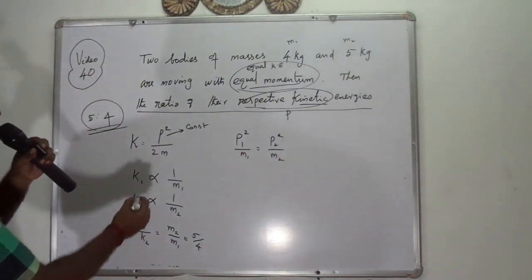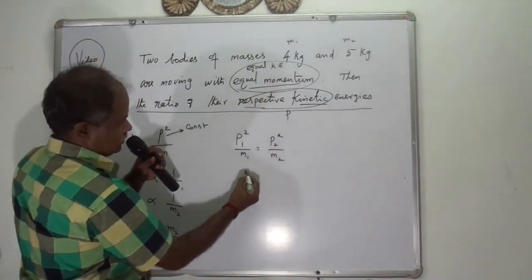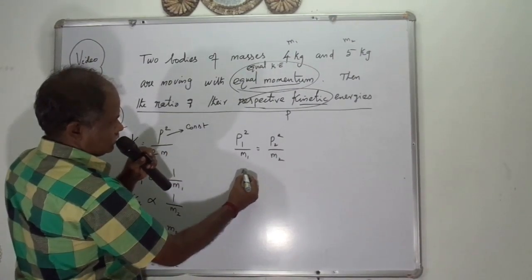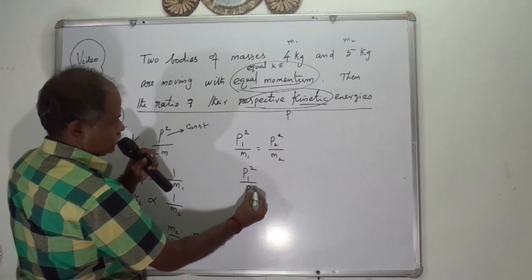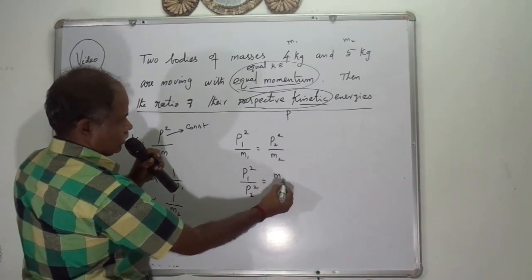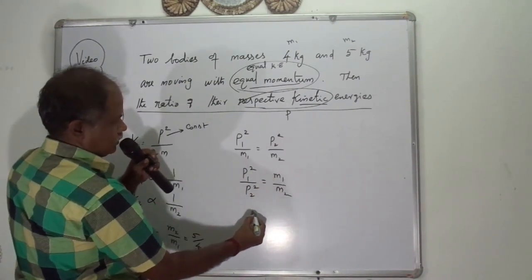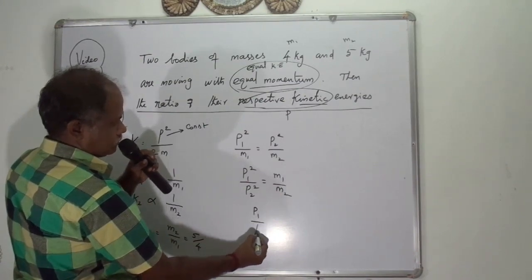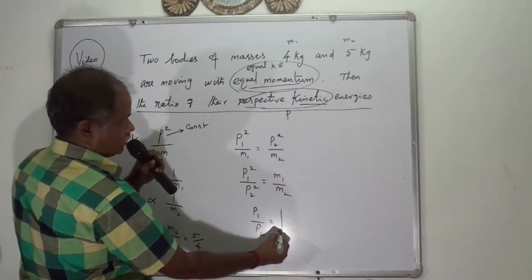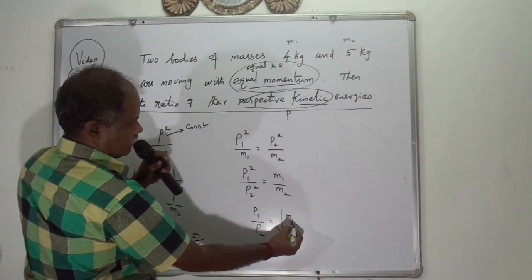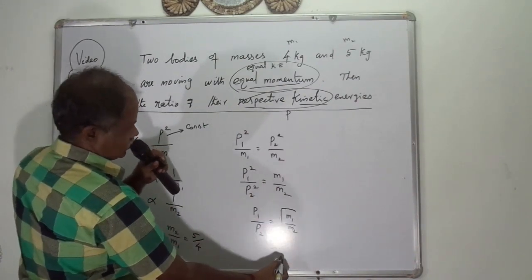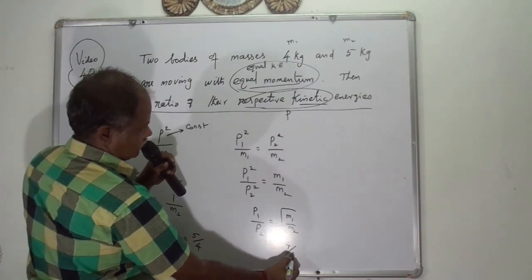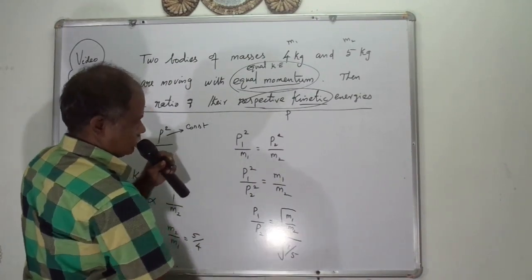Kinetic energy is constant. Then P1 square by P2 square is equal to m1 by m2. That is P1 by P2 is equal to under square root of m1 by m2. You know the m1 value, that is 4 divided by 5 under square root.